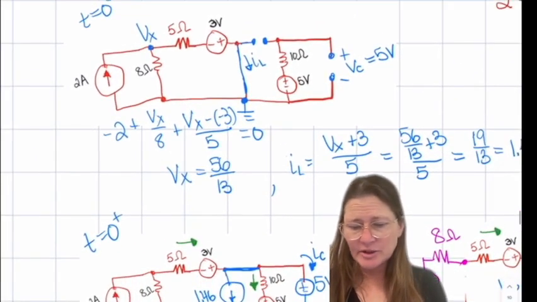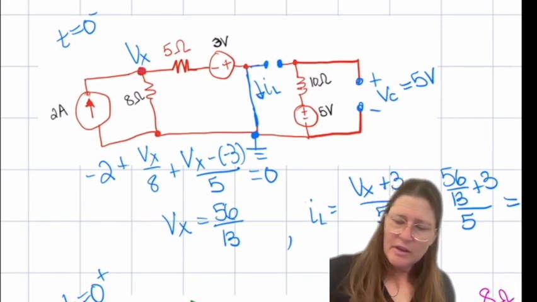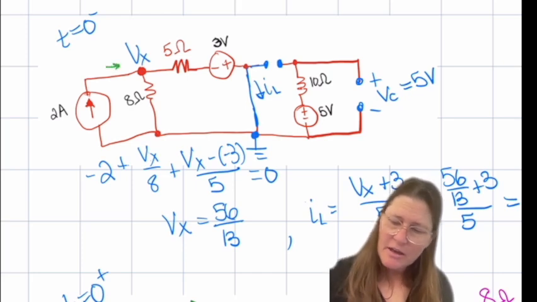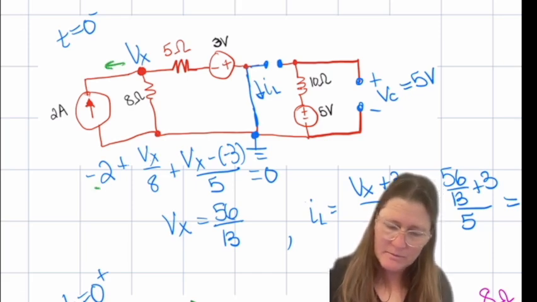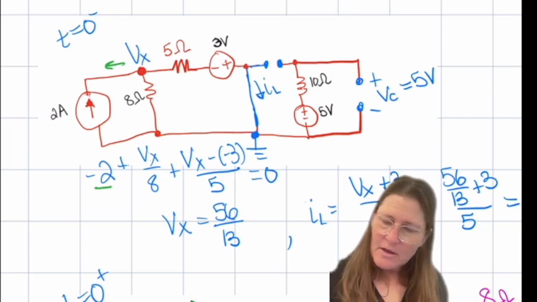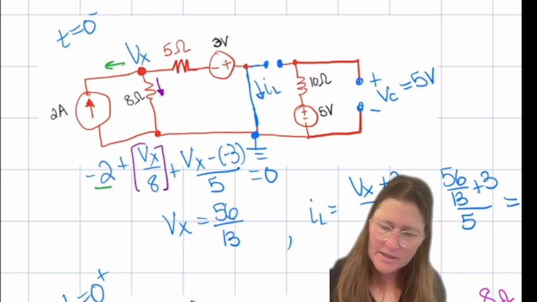And for t equals 0 minus, when you do the node voltage, you have the current going in as 2, so it's a minus 2 when you take that one. And when you take this one, it's going to be Vx over 8.